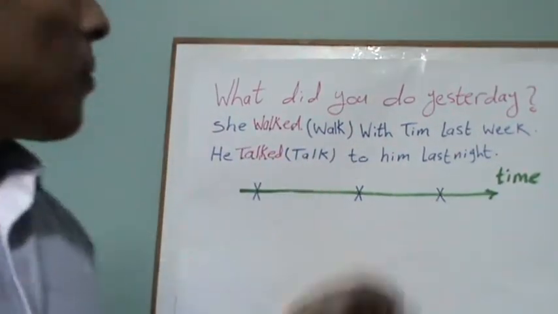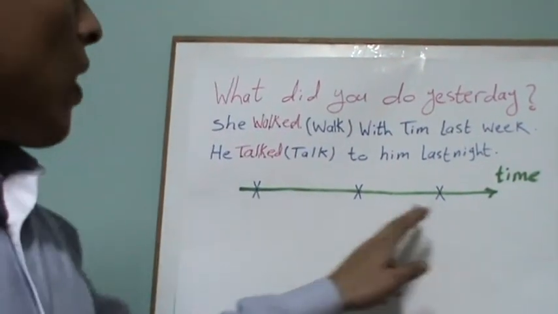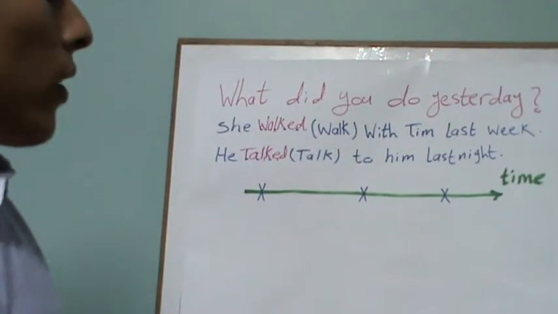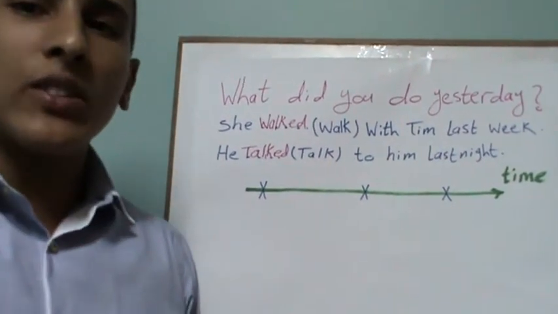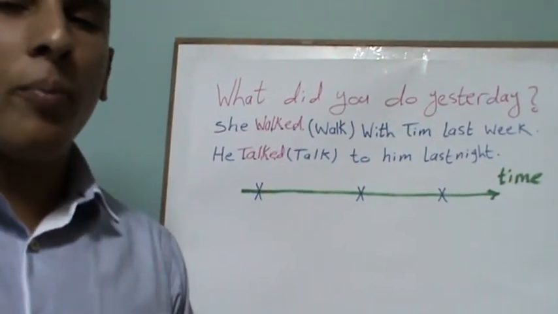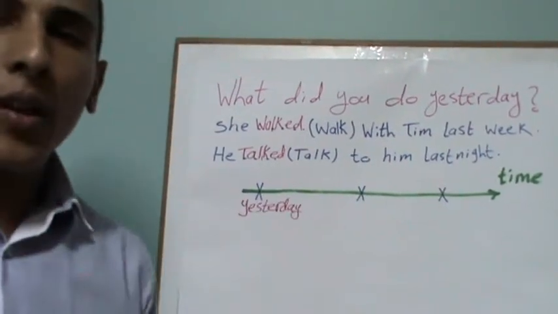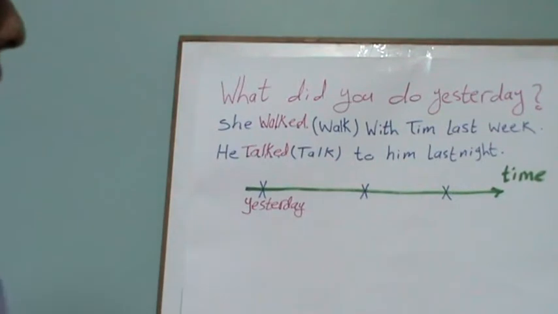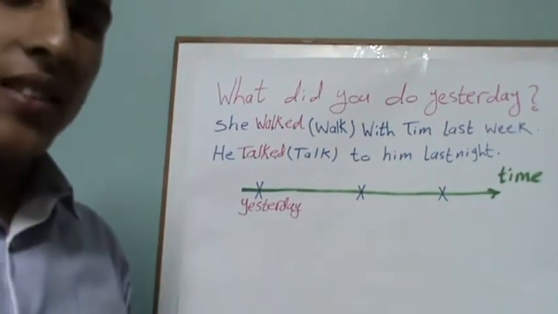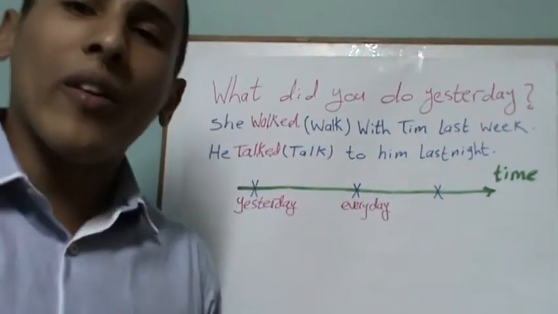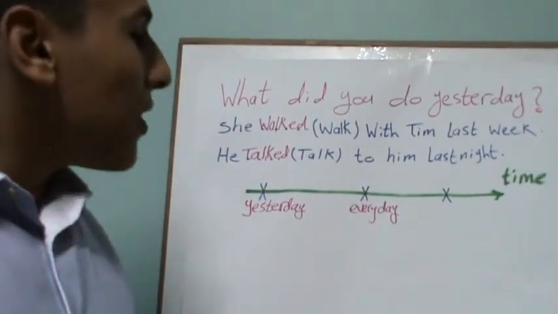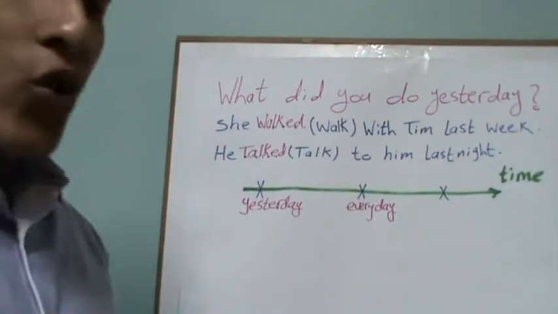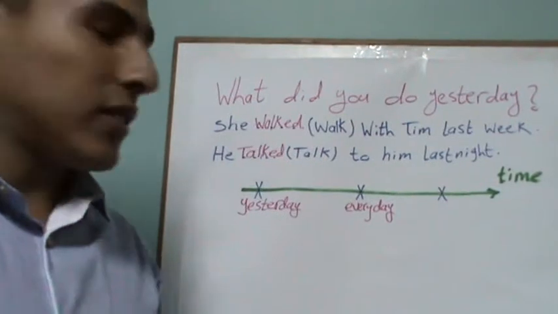Okay, great. Let's imagine this is our timeline. What if you did something yesterday? It will be in past simple. And what if you do something every day? It will be in present simple. Great, yeah. Next week, we will speak about future tense.